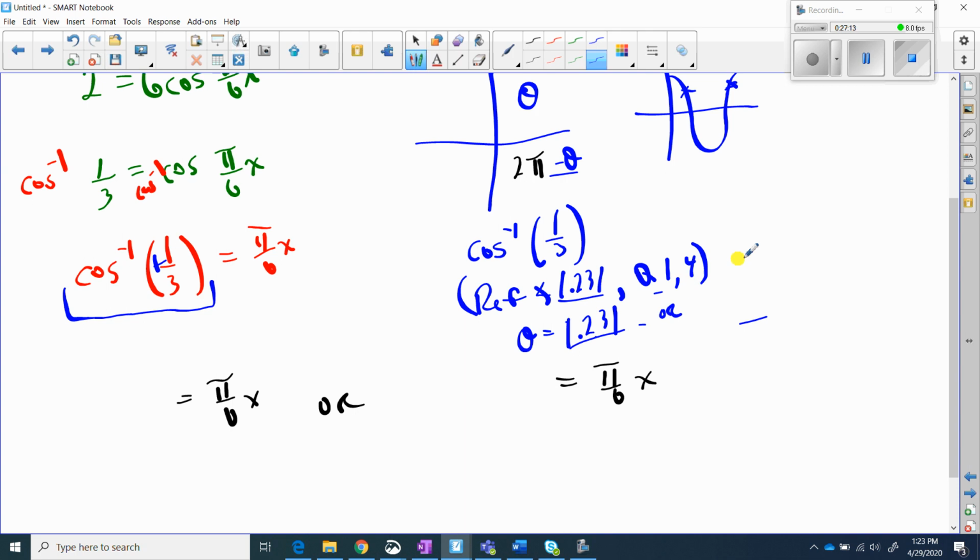In quadrant 4, again, you're not going to use 360. You're going to go 2 pi minus this angle, which is the radian version of it. So 2 pi subtract 1.231, and I'm getting 5.052.